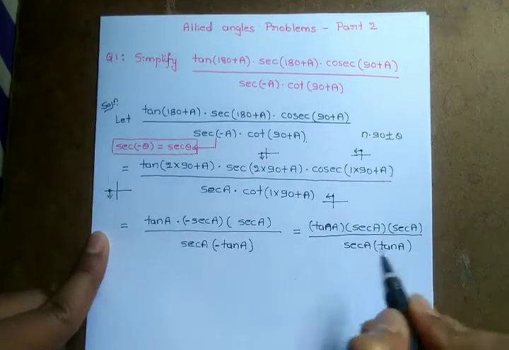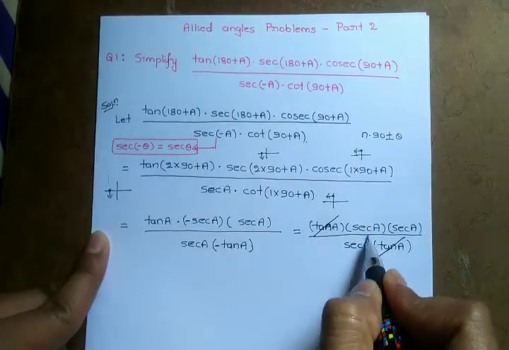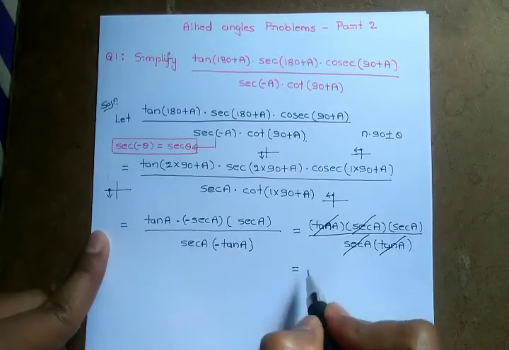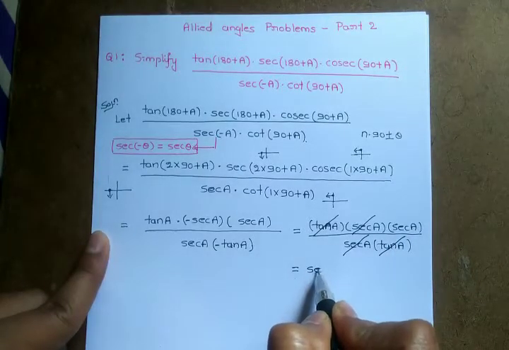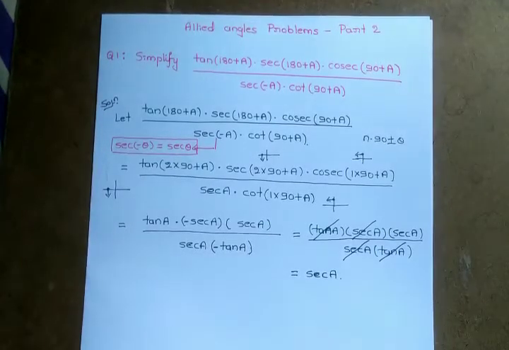Because of the multiplication sign, tan a and sec a are going to get cancelled. What is the remaining value? Sec a. So this is the final answer.